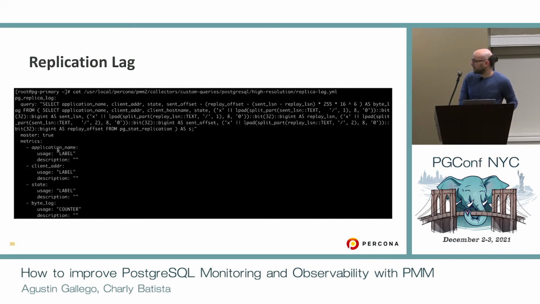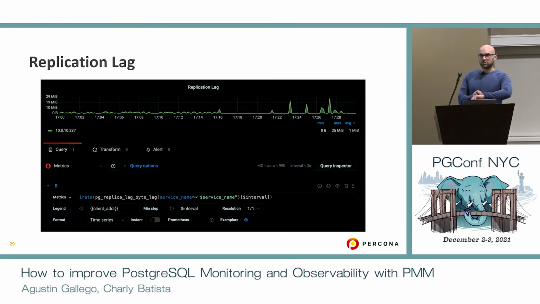And every column should have a specified metrics subsection here, right? So our query returns application name, client address, state, and byte lag. This is a metric that we are going to use, and then we are going to use the client address as a label for that metric so that we can know which replica is having this amount of lag, right?